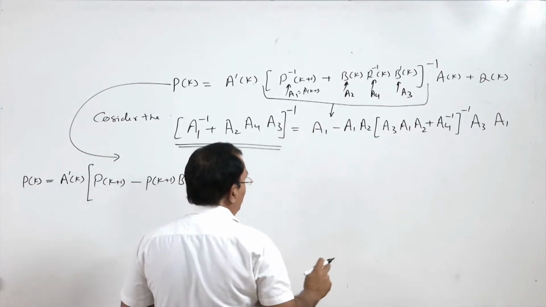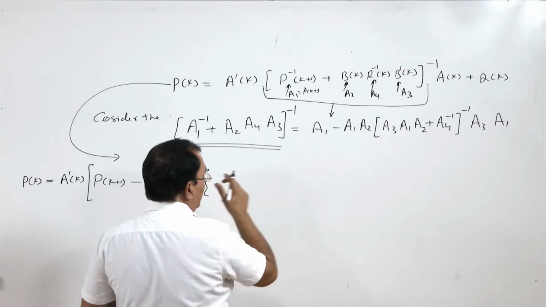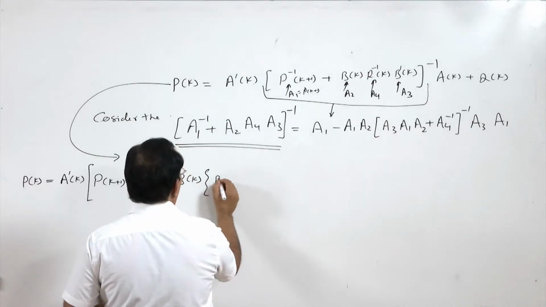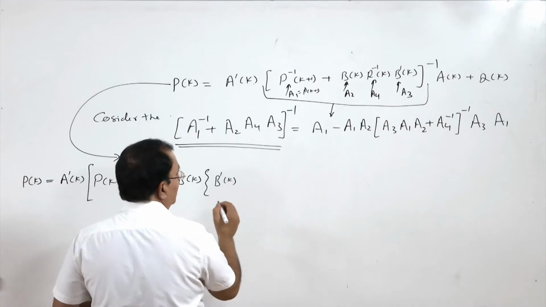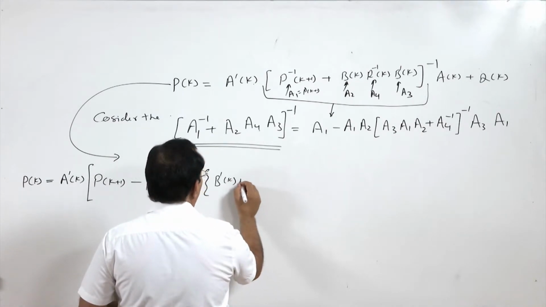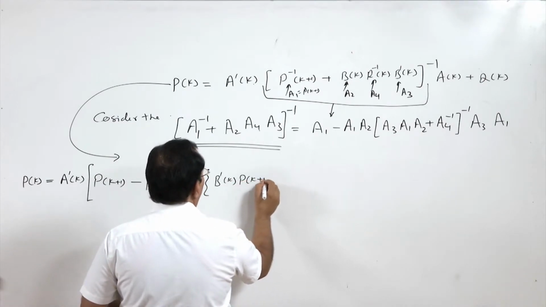Then I have the matrix A3, B prime k, A1, P k plus 1.